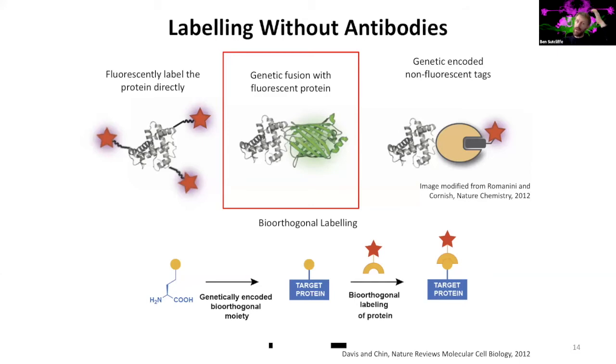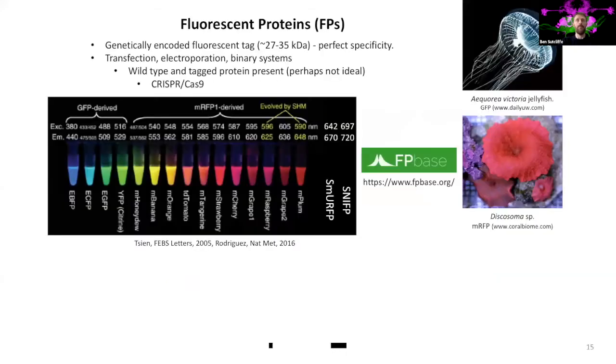Another way to label without antibodies is to use a fluorescent protein conjugated to your protein of interest. So this could be GFP or RFP. The first fluorescent protein described was GFP in 1962, and that was isolated from the jellyfish Aequorea victoria.